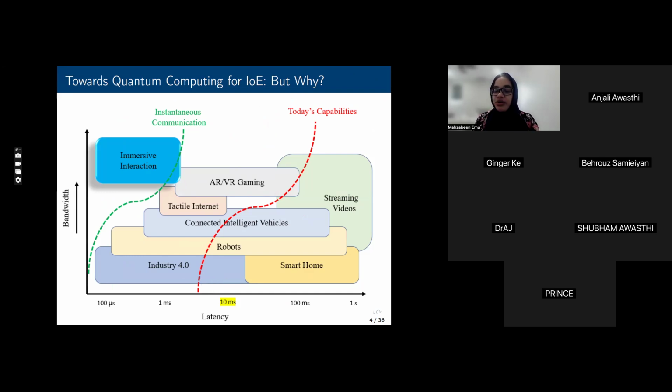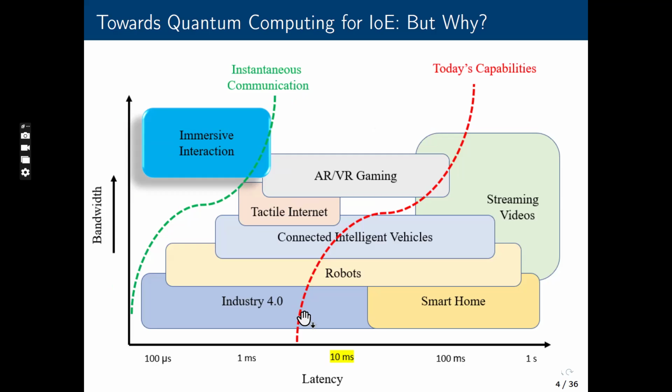However, in order to achieve instant communication in more sophisticated IoE domains such as metaverse, tactile internet, and connected vehicles, we need much lower latency and much higher bandwidth than what we have available today, or than what is possible with today's classical computers. So we need to optimize things further beyond the capacity of today's classical computers.